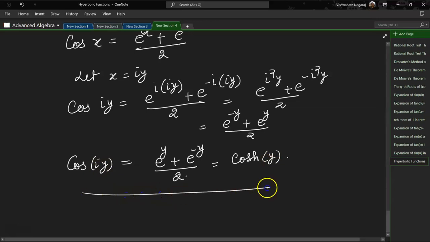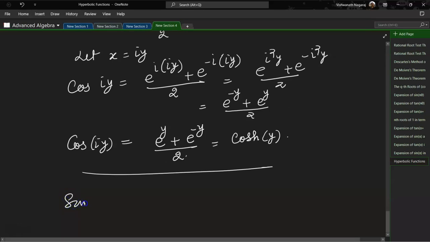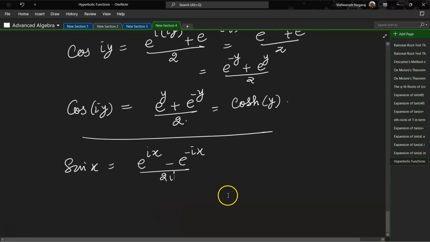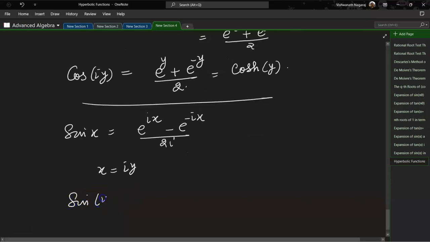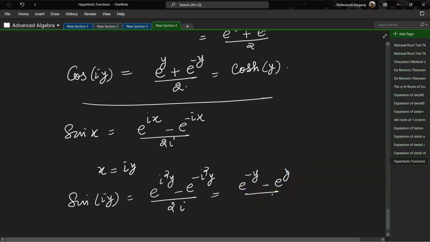Let's look at sine. What happens in case of sine? So let's say sine x we know is e to the power of ix minus e to the power of minus ix by 2i. Again, like before, let's say x is equal to iy. So this becomes sine iy is equal to e to the power of i square y minus e to the power of minus i square y by 2i, which would be equal to e to the power of minus y minus e to the power of y by 2i.